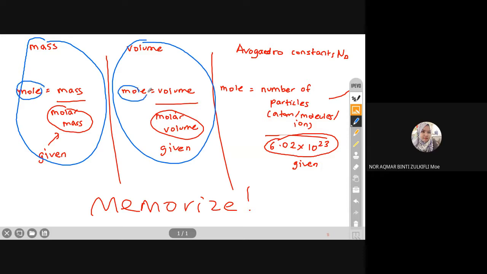Once you have the number of mole, and molar mass or molar volume is given, you can find the mass or you can find the volume. Alright, let's look into another example.